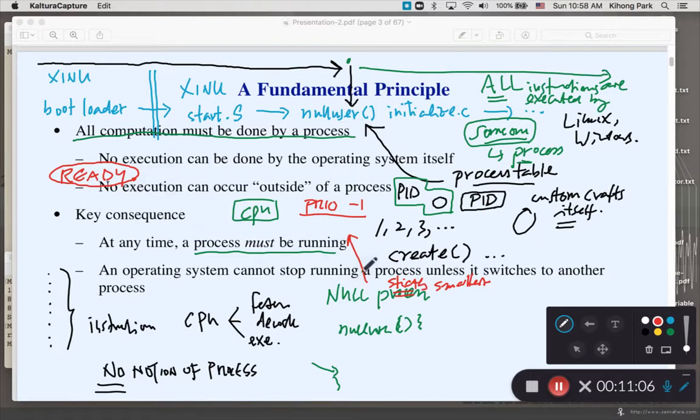We never pick this null process because it's there only to be run if there are no other processes needing the CPU. If there are no other ready processes, yes, then we pick this null process, this process with PID 0 to run. Why? For this reason, all computation must be done by a process. Must enforce it.